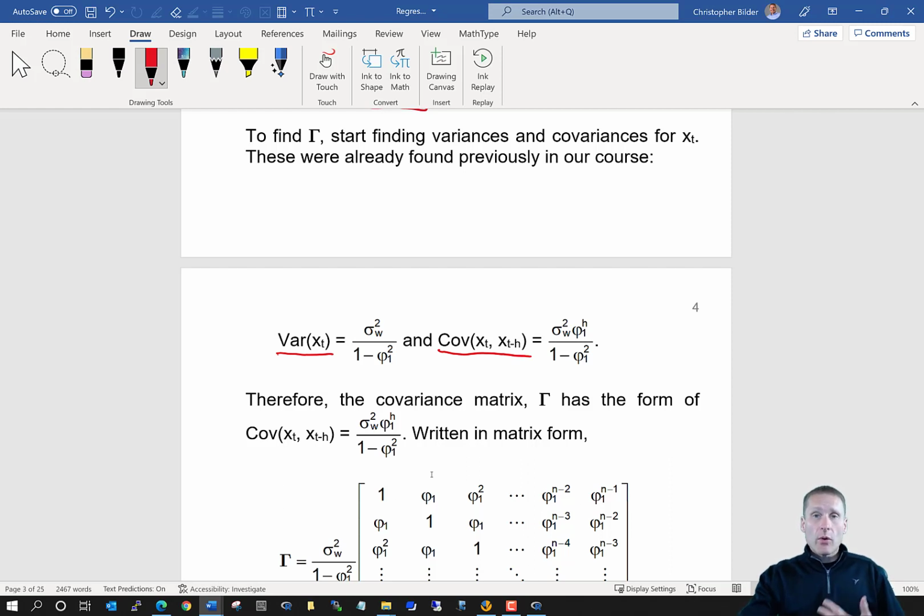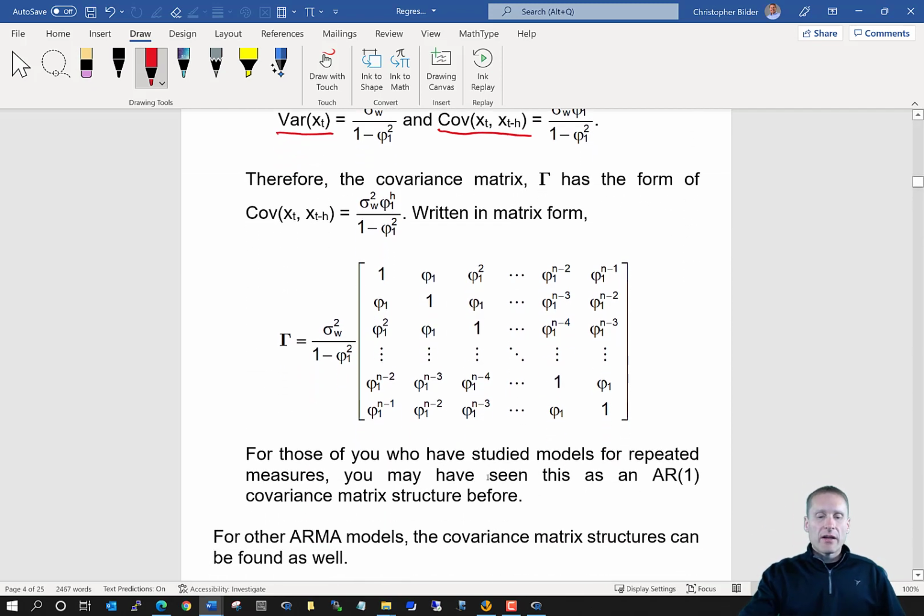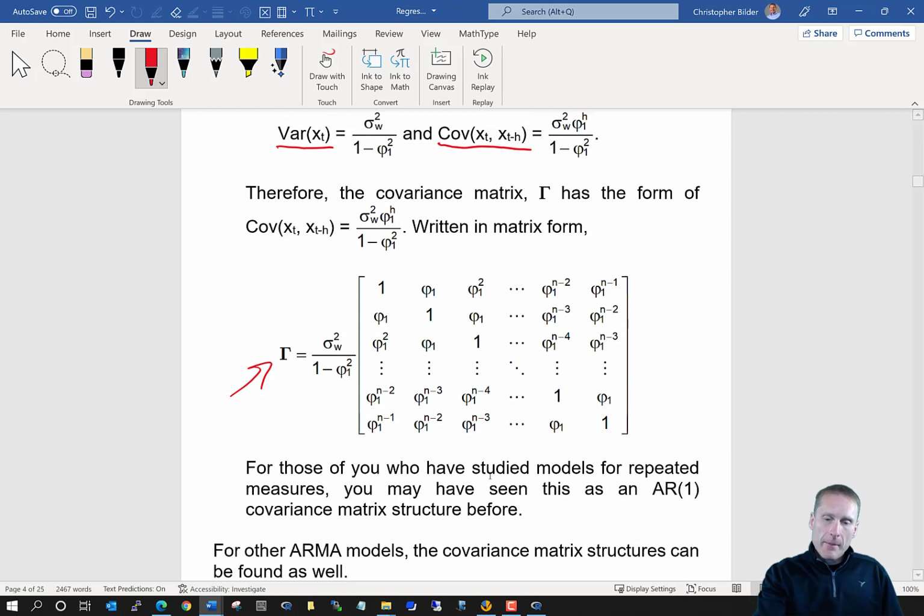So using what we've done before, we can write out our covariance matrix as this. So notice that each of these, the variances and the covariances, have a common component to it, that sigma squared w over 1 minus phi1 squared. So I have that there.